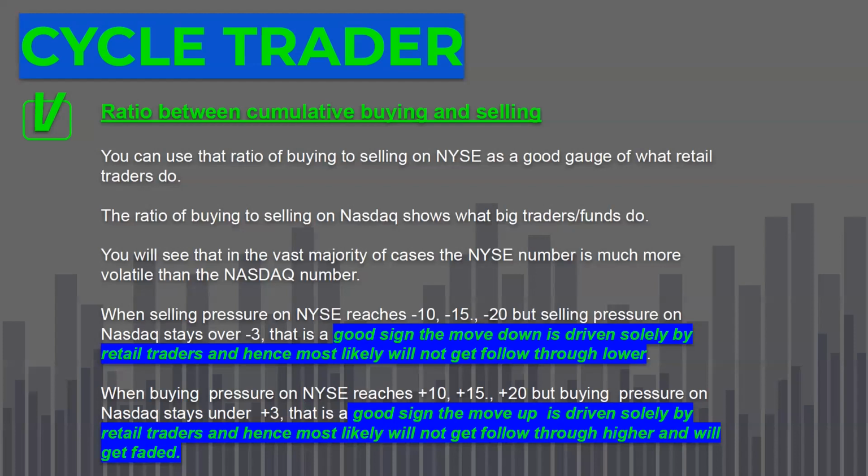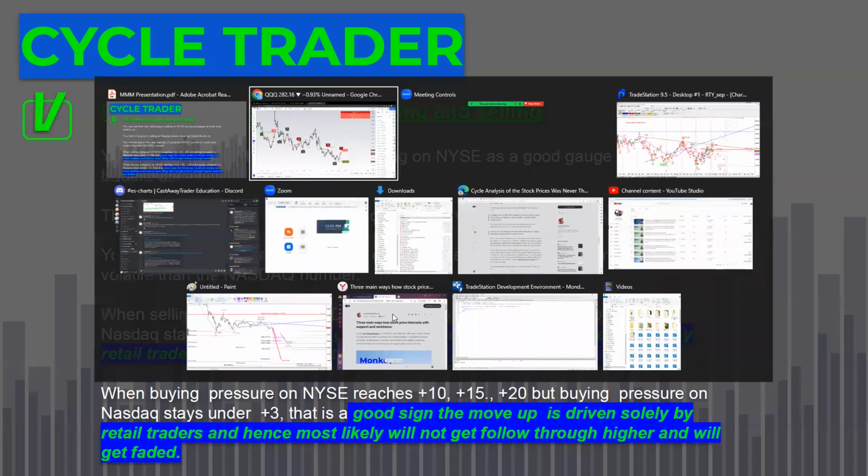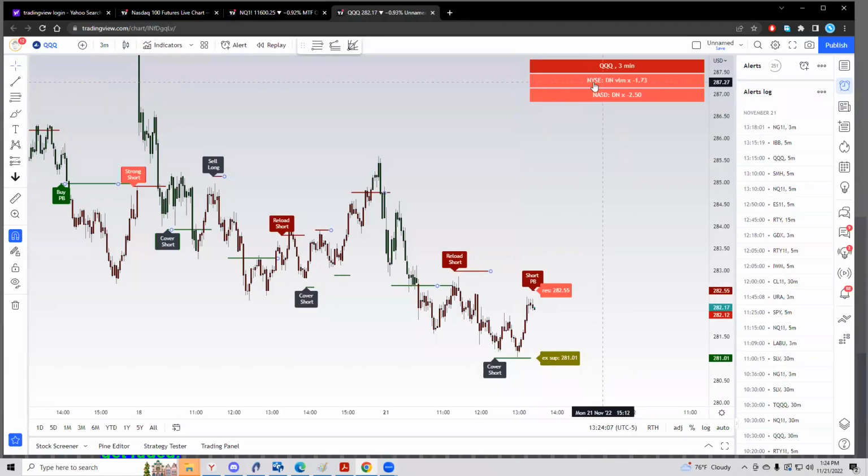That only happens for an hour or so, and then big guys buy out all that volume from retail traders, and we turn the market back up. So this is how I read that indicator. Again, I consider NYSE numbers as an indication of what retail does, and I consider Nasdaq numbers as what big traders, big funds do.